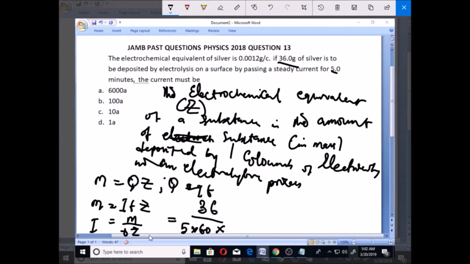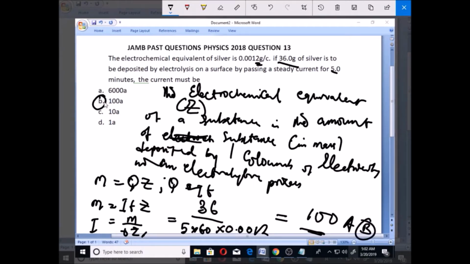So times Z, which is the electrochemical equivalent, which is 0.0012. So if we press our calculator to solve down, we are going to find out that we have 100 amperes. And that is the final answer, B.